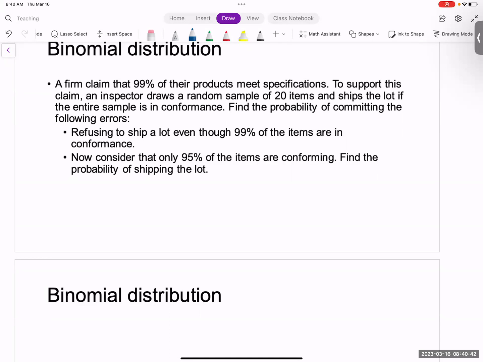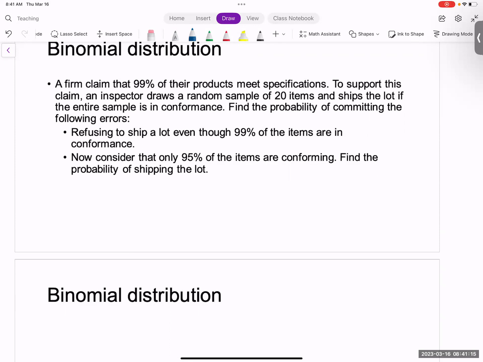Now, the question is calling this an error. To understand this, I want you to take a step back and think about it slightly differently. If 99% of the items are good, then you would technically say that this is a good batch, right? I would usually want to ship this batch. If 99% of your items are in conformance, there's a very high probability that if you take a random sample of 20 items, all 20 are in conformance.